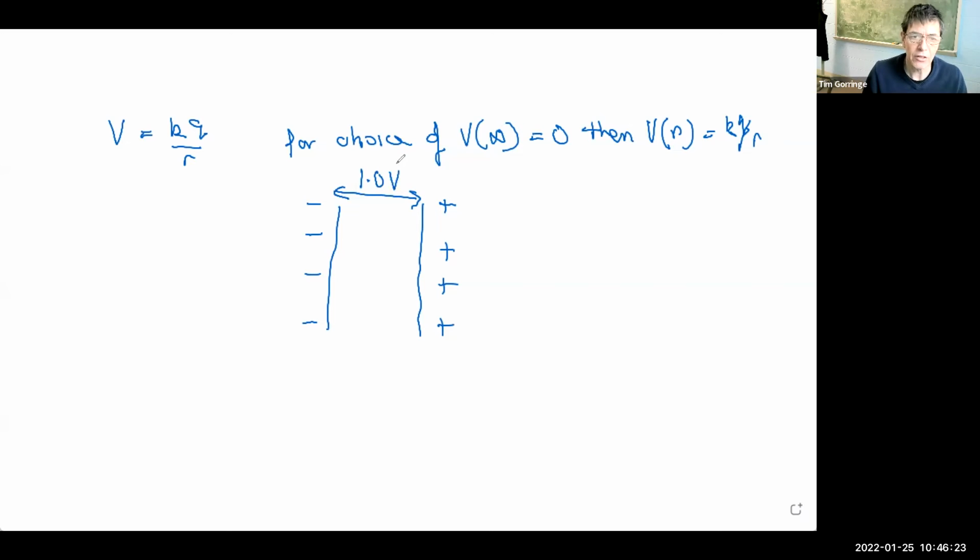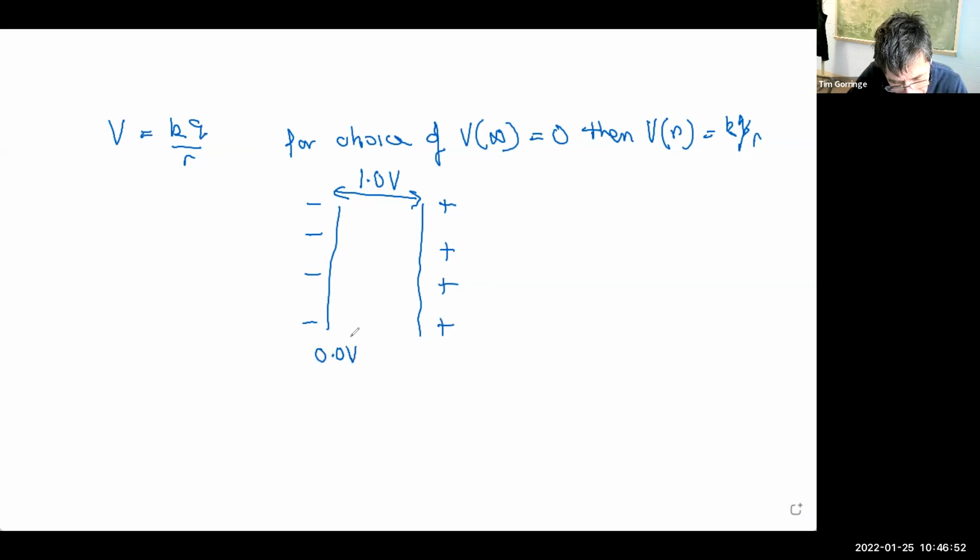The positive plate on the right will be the higher potential. It's like a potential hill, positive charge. And the negative plate will be the lower potential. It's like a potential valley, the negative charge. And now I could make some choices. For example, I could decide for convenience that I want to call the left-hand plate 0 volts.